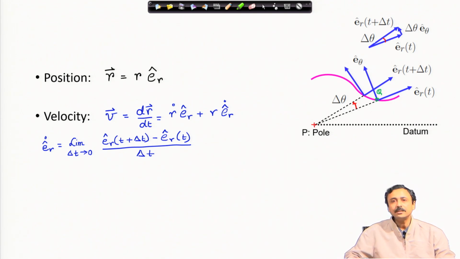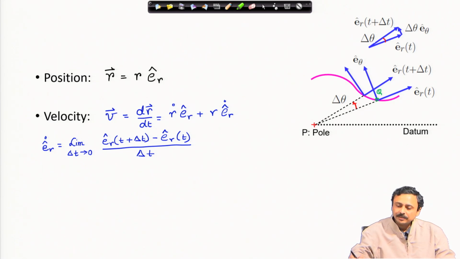So, that is the change in direction of Er cap vector as it moves from time t to t plus delta t. Therefore, this difference vector has a magnitude of delta theta times magnitude of Er cap, which is 1. So, its magnitude is delta theta, and the direction, if you note carefully, is along E theta.